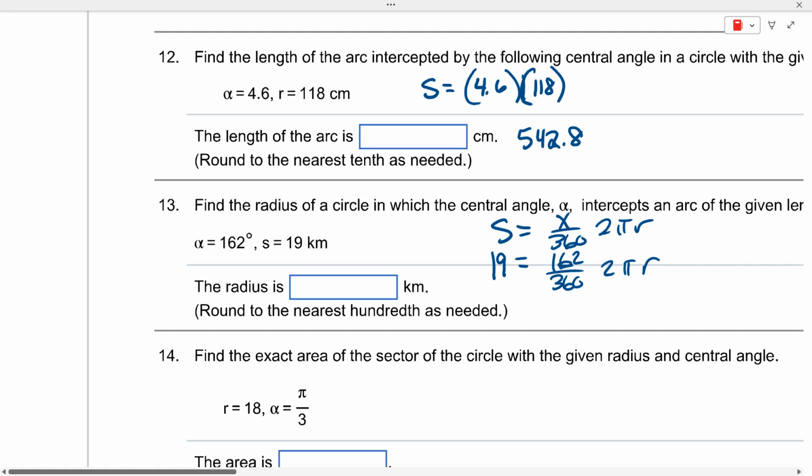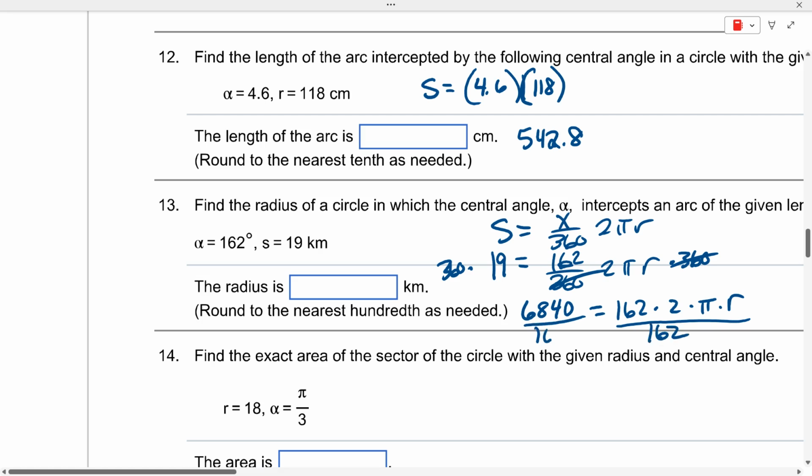What I would do is one step at a time. So I'd multiply by 360. Those cancel. What's 360 times 19? Somebody with a calculator, please. 6,840 equals 162 times 2 times pi times r. Just to be careful, I'm going to divide them one at a time. So I'm going to divide by 162.